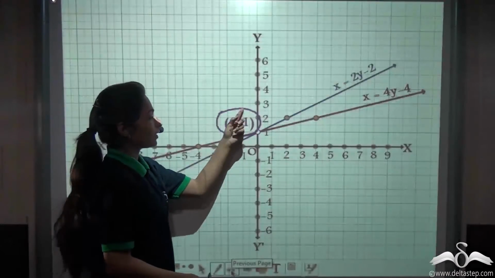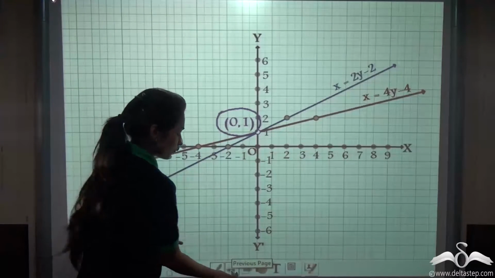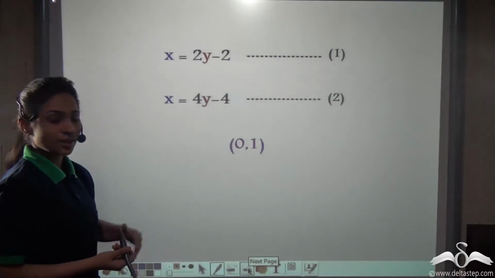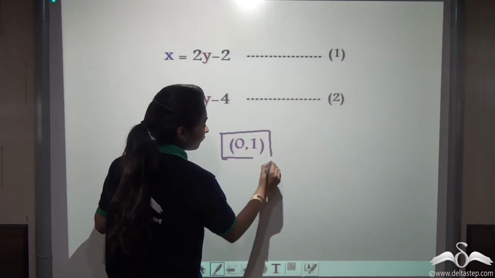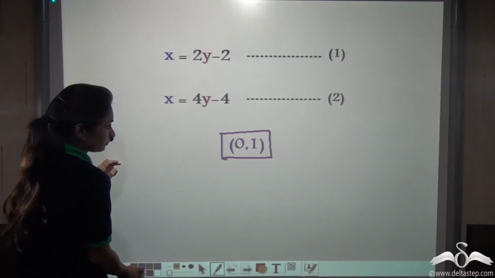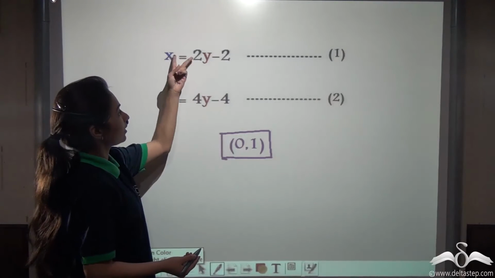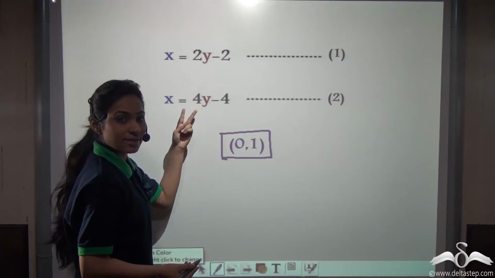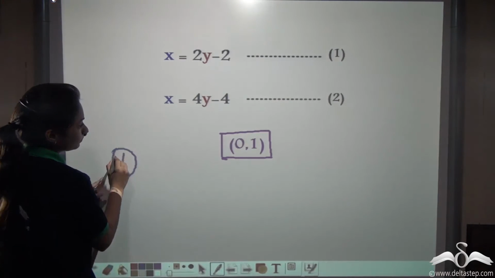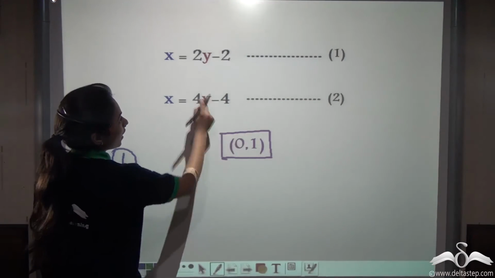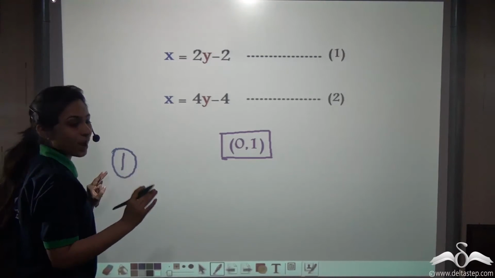Let's see whether we get this by other methods also. Here you can see we have those two equations written and we got this solution from the graph. Let us substitute this in the place of both the equations and see whether this fulfills these equations or not. Putting in equation 1, let us take the x value as 0 and see what we get as the y value.